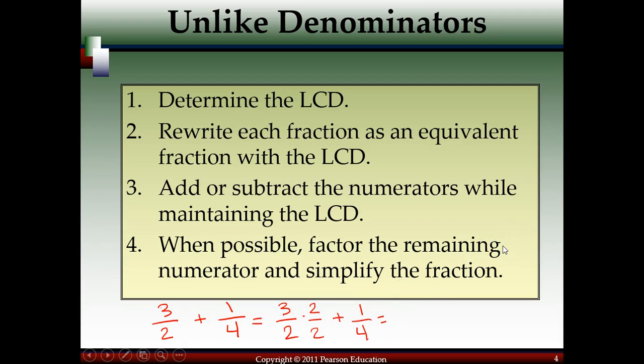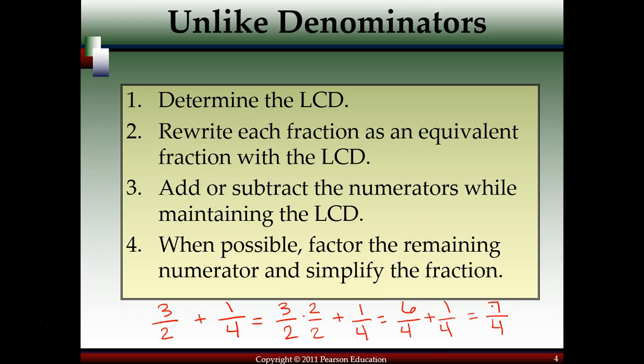And then we do multiplication of fractions like we did in the previous section. So 3 times 2 straight across and 2 times 2. So 6 over 4 plus 1/4. Now we have the same denominator that stays the same, and combine the numerators by the symbol you have in between.